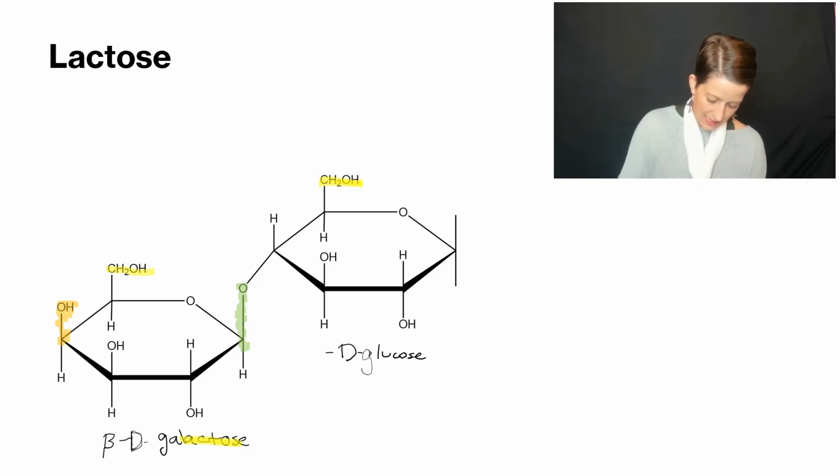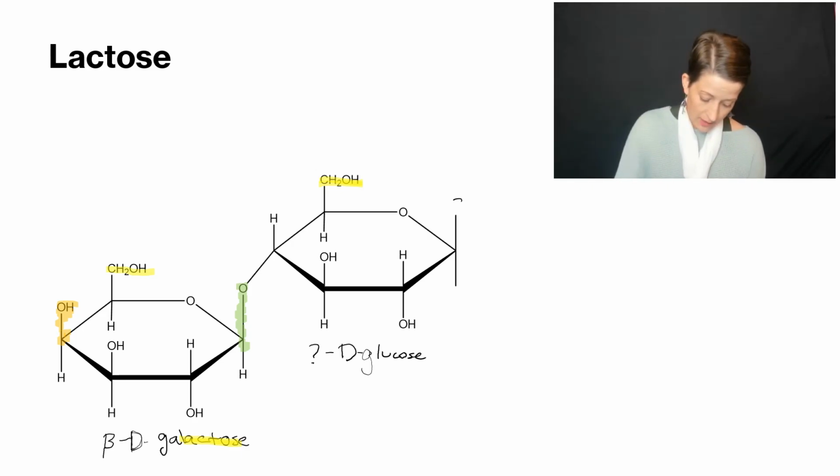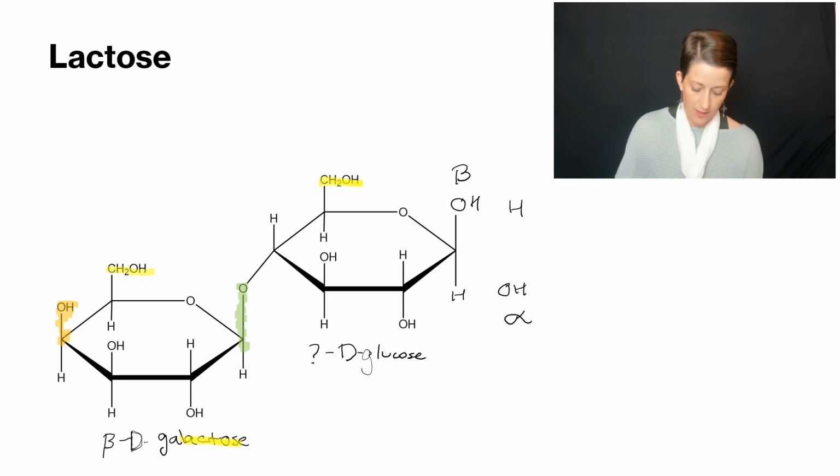And its anomer is dependent on which glucose we're using. If that OH group is above the anomeric carbon, this would be beta D-glucose. If that hydroxyl group is below that anomeric carbon, this would be an alpha D-glucose. So we just have to look at the anomeric carbon on that glucose.